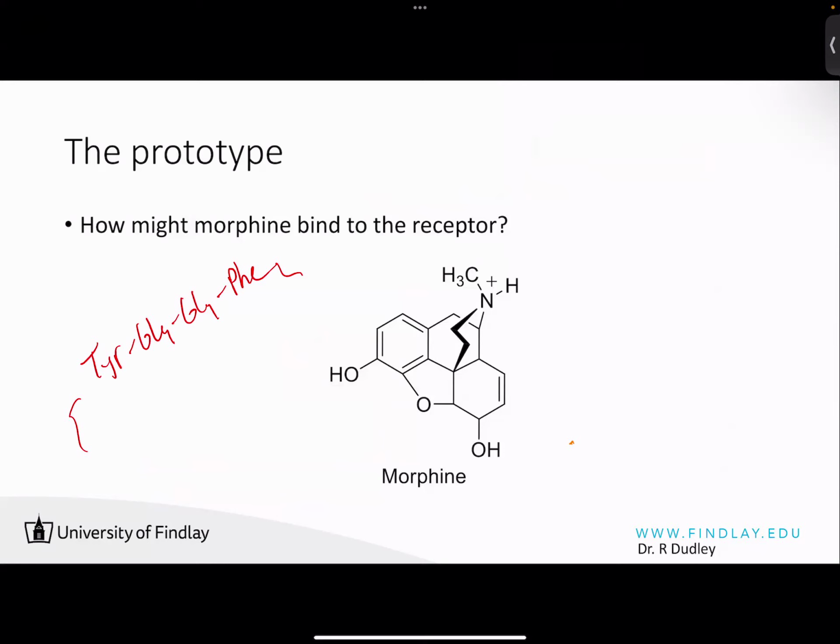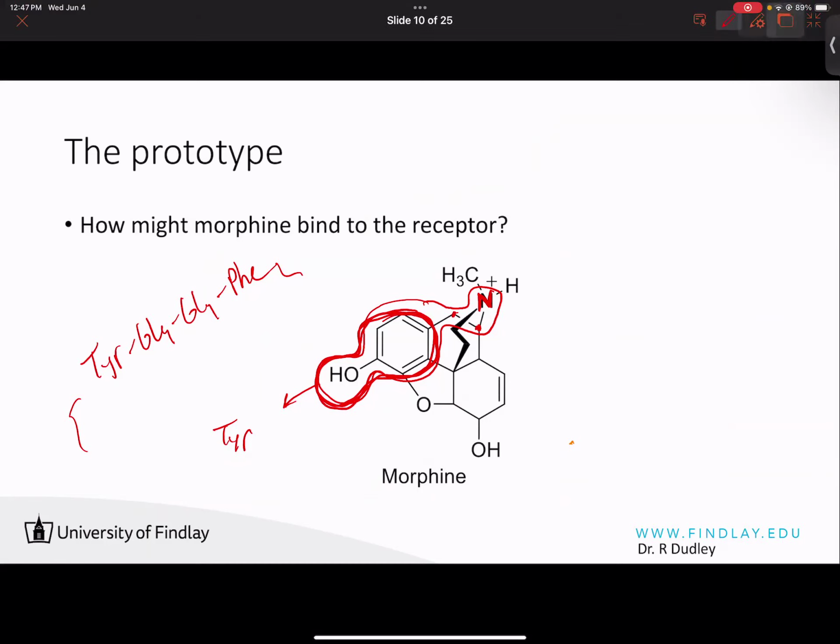Well, this is very tyrosine-like, isn't it? If you look at just this area of the molecule, that's essentially a phenolic group. And then there's one, two carbons that are spaced out between the phenolic group and then this amine. So it's reasonable to think that that area I just encircled represents or mimics tyrosine. Okay.